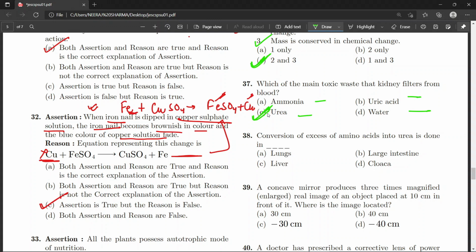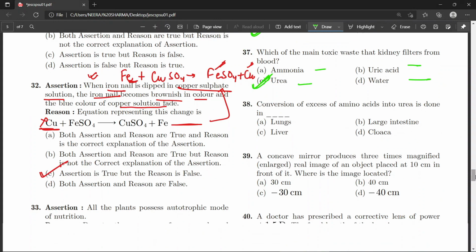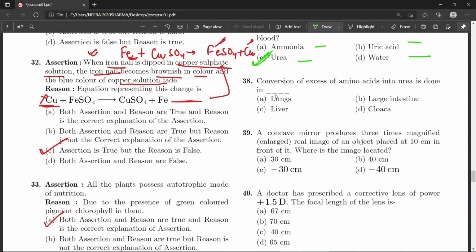Correct? Now coming to question number 38. Conversion of excess of amino acid into urea is done in, right? Where is the conversion of excess amino acid into urea done? Is it lungs, large intestine, liver, or cloaca? So as you guys already know, the liver is the one responsible for doing this.